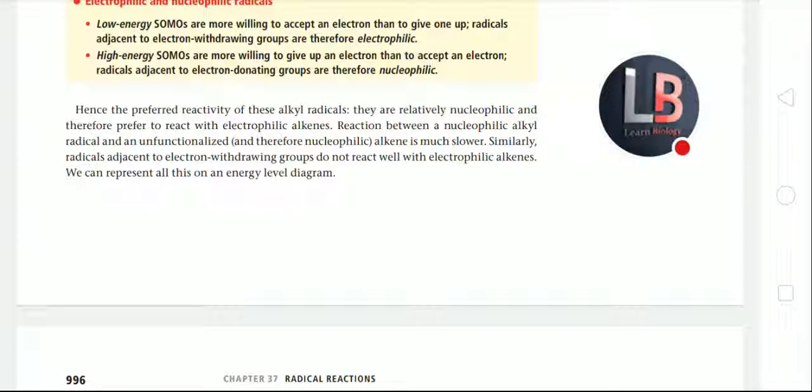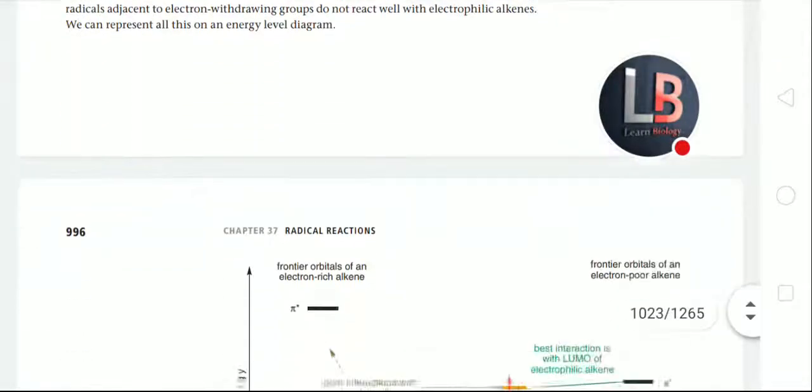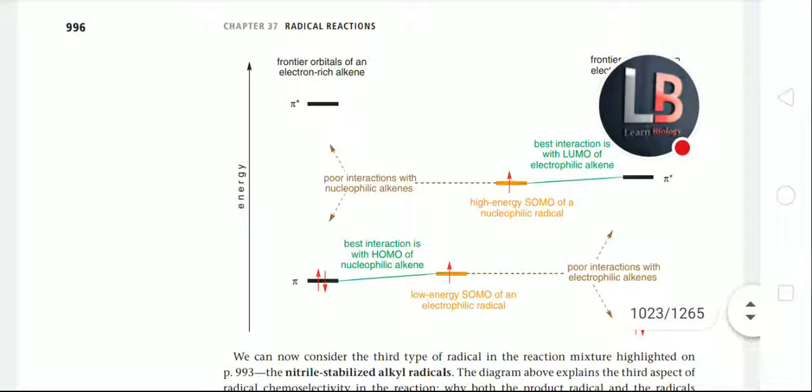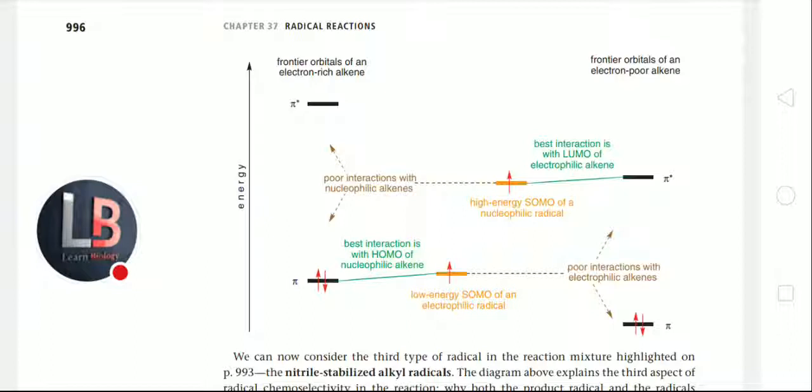We can represent all this on an energy profile diagram. Best interaction is between the HOMO of the nucleophilic alkene and the low energy SOMO of the electrophilic radical, with poor interaction with the electrophilic alkene. Poor interaction with the nucleophilic alkene and the high energy SOMO of the nucleophilic radical gives the best interaction with the LUMO of the electrophilic alkene. Frontier orbitals of the electron poor alkene, frontier orbitals of the electron rich alkene. So these are the cases.